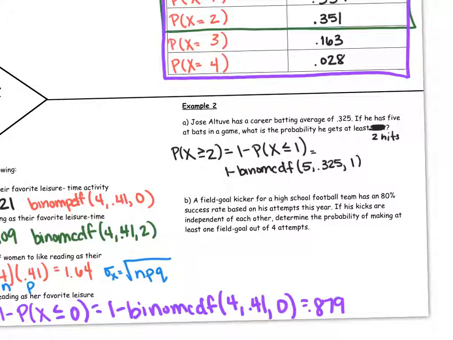So you're always going to put that value in, because that's what your calculator can calculate. So 1 minus binomial CDF, 5, 0.325, 1, is 0.524.